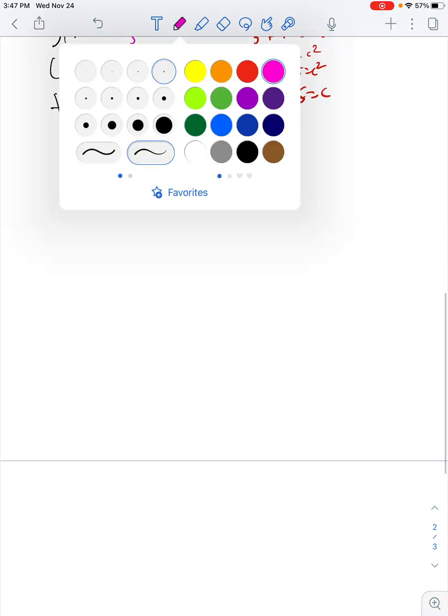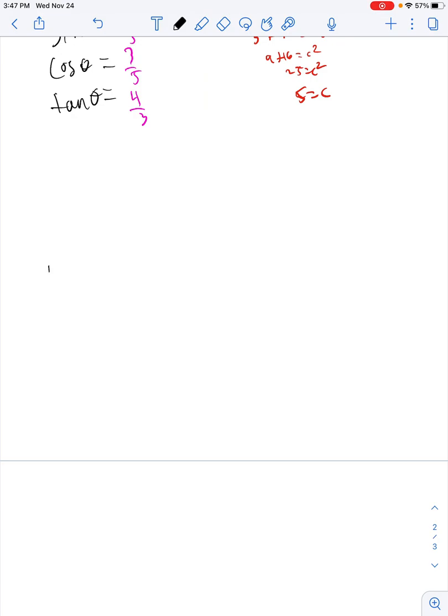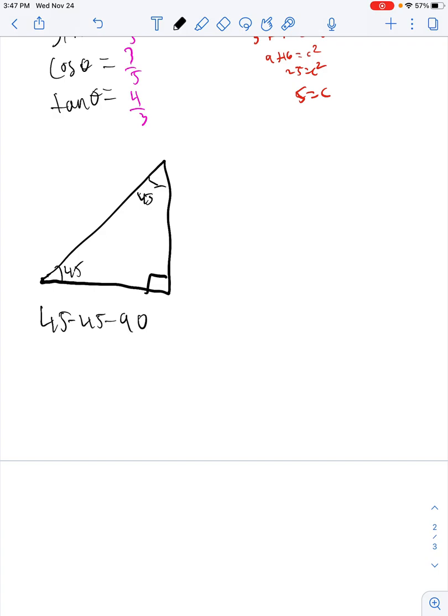We've got 2 cases of special triangles. These are good to devote to your memory. Again, this works with right triangles. The first one is a 45, 45, 90 triangle, talking about the interior angles.